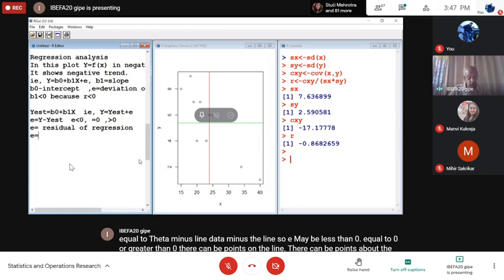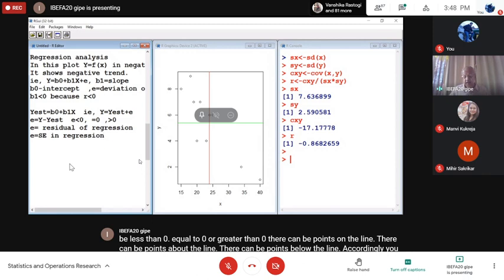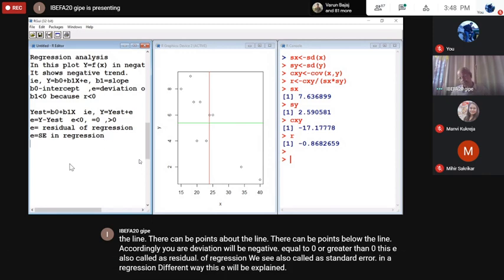This E is also called the error in a regression. In a different way this E will be explained.